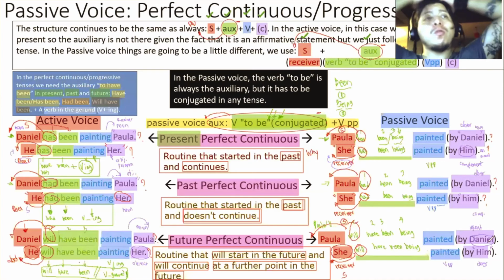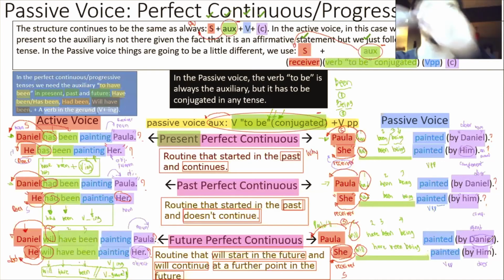Nosotros sabemos cómo funcionan todos estos tiempos, tanto en voz activa como en voz pasiva. Se pueden relajar, acabamos de pasar una parte bastante grande. No se preocupen, el examen no incluye todo esto, pero el chiste es que ustedes vean cómo funciona el idioma, que vean cómo cada una de estas piezas tiene un lugar.